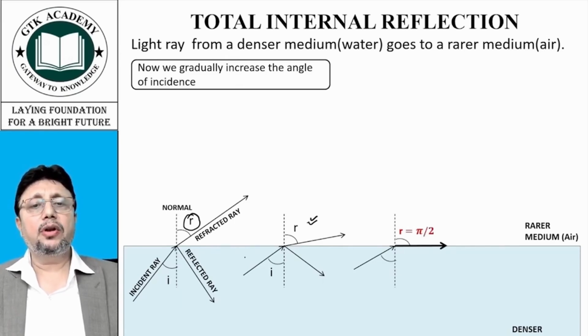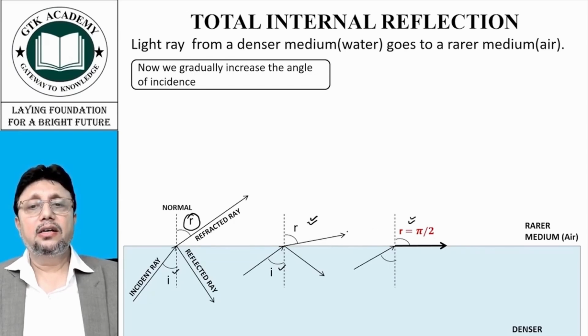Slowly we keep on increasing the angle of incidence. Here it was a bit less. Here we again increase it, and we increase it to such an extent that angle of refraction becomes 90 degree. So what happens?